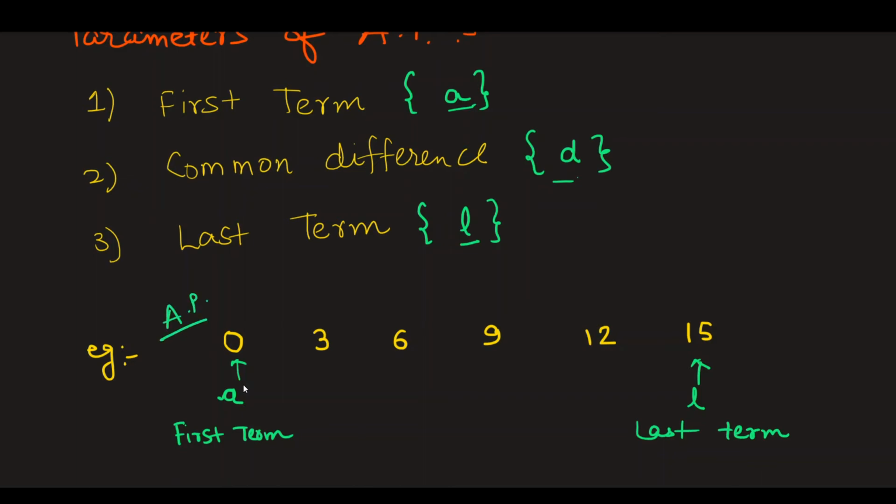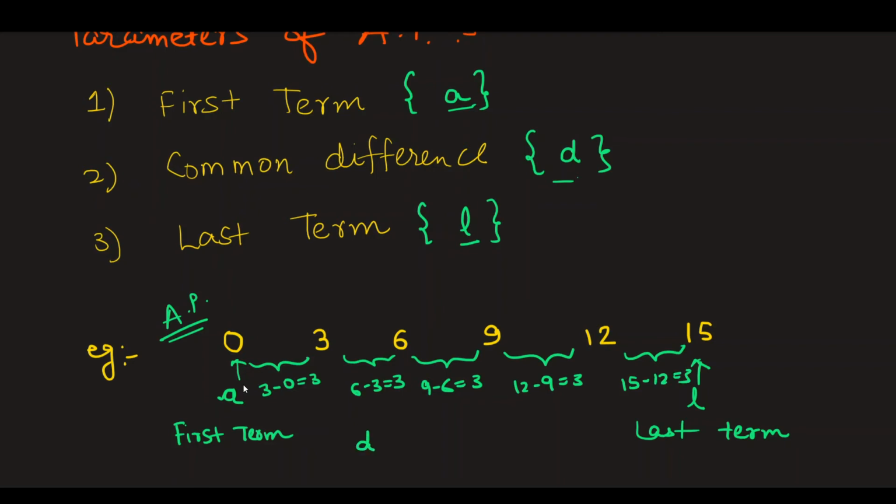And then what's the small d, common difference? It is the difference between any two consecutive terms. See, all these differences are same, as 3 minus 0 is 3, 6 minus 3 is also 3, 9 minus 6 is also 3, 12 minus 9 is also 3, and 15 minus 12 is also 3. So small d, that is common difference, is 3 in this case.